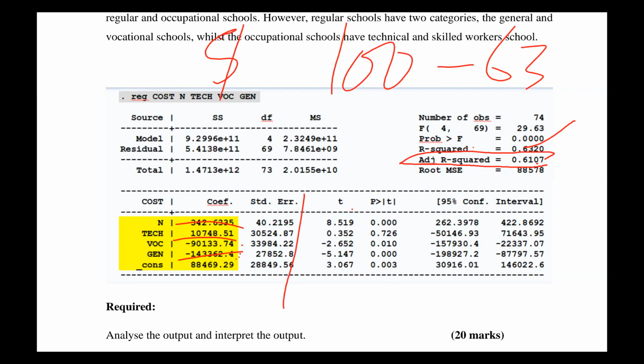So what it does is that it only takes into account the impactive variables, the meaningful variables. That is how the adjusted R squared works. Is that clear? Yes. So that is how that is interpreted.